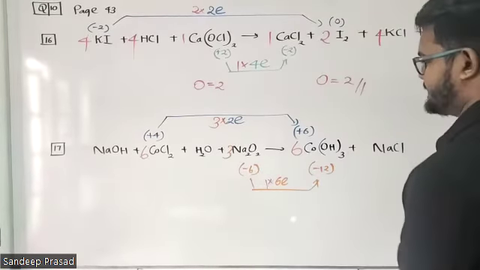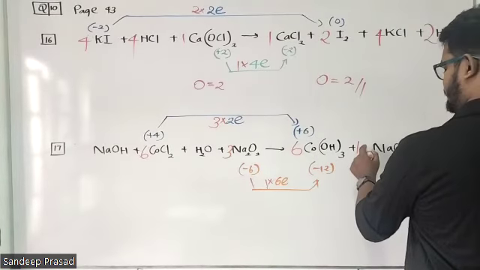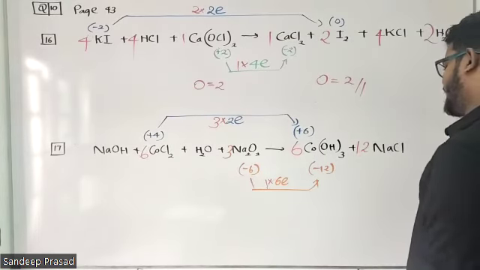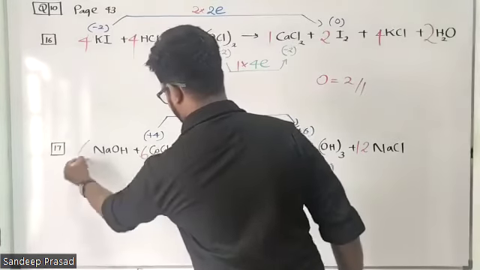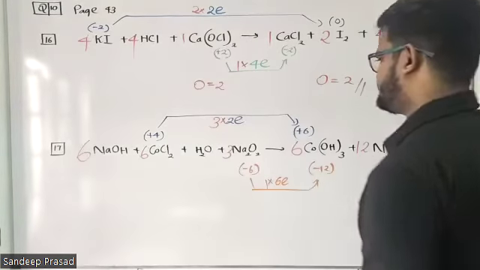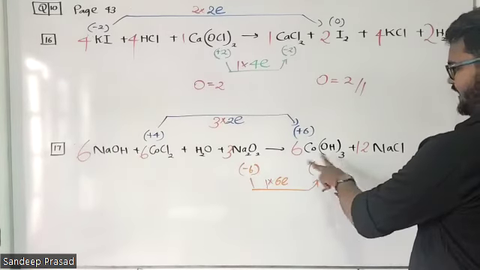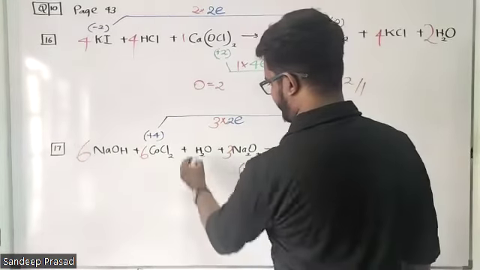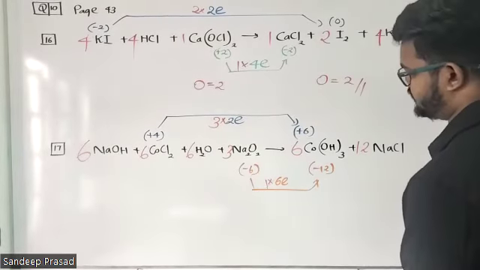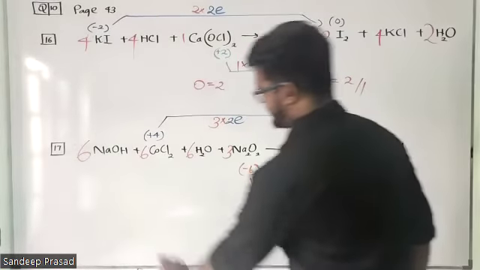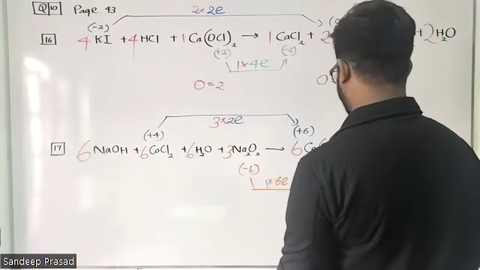Now you can see that there are 12 chlorine atoms, so therefore 12 sodium. Here we have 6. Here we also can put 6. How many hydrogens are there? 18. 18 means we can put here 6. What about the oxygen? 6, 6, 12, 12, 12, 6, 18, 18.